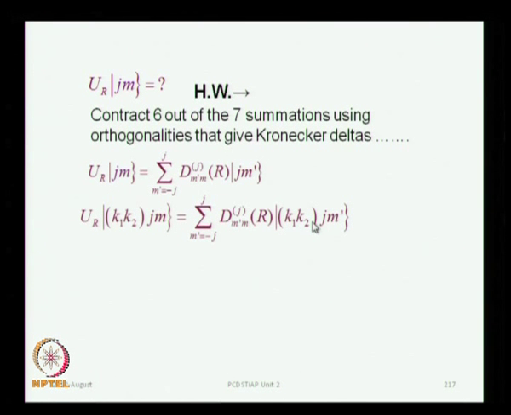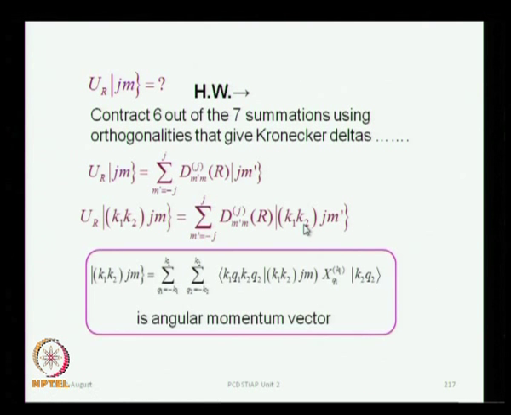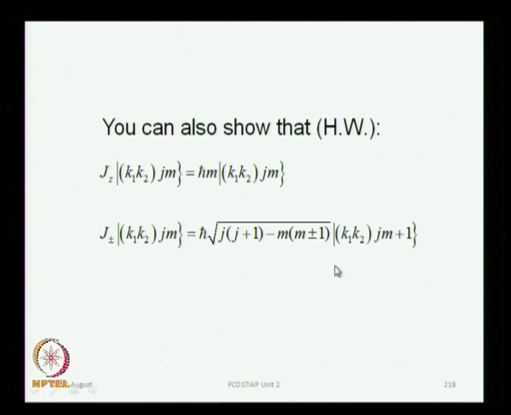So k1 and k2, which were suppressed earlier, can be put inside as well, and this is our conclusion, that this method, this prescription of constructing a new vector, actually gives us an angular momentum vector.